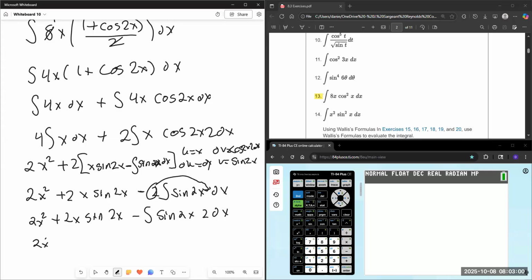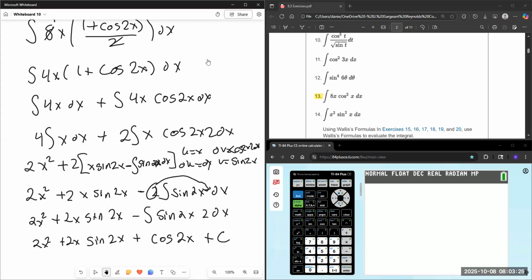So this is 2x squared plus 2x sine 2x plus cosine of 2x plus c. And we'll just leave it like that. No need to try and get rid of those double angles.